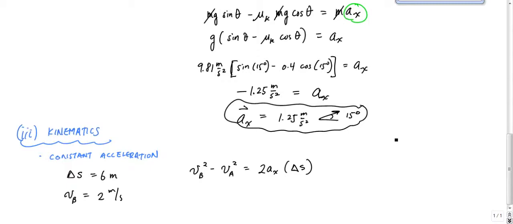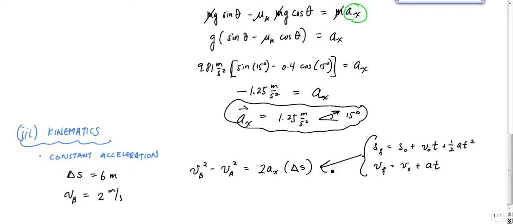You had S final is equal to S0 plus V0 t plus 1 half A t squared, and then you had a velocity equation, velocity final is equal to v0 plus a t. If you combine these two equations and get rid of time, you get this. And delta S right here is just S final minus S0.